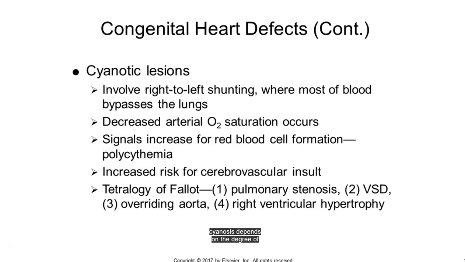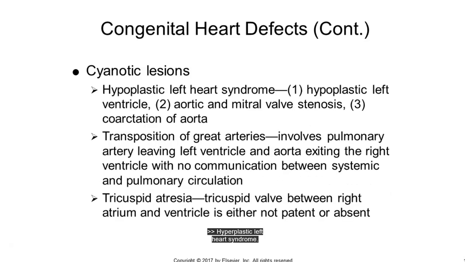The degree of cyanosis depends on the degree of pulmonary stenosis, and surgery is usually required. Hypoplastic left heart syndrome, HLHS, includes hypoplastic left ventricle, aortic and mitral valve stenosis or atresia, and often coarctation of the aorta. The child may develop severe CHF once the ductus arteriosus closes.